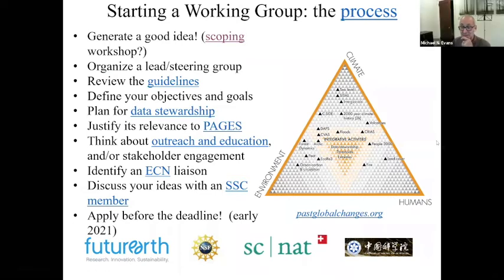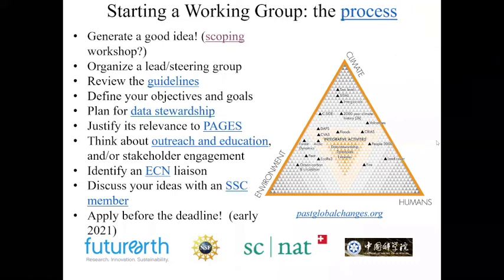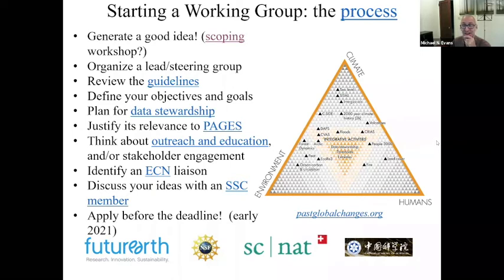Okay. So usually how many proposals were submitted per year and how many got approved? That is a good question. And I don't have that information at the tip of my tongue. I'd have to look it up. My sense is it can vary from year to year. And the answer also depends on PAGES's finances from year to year.